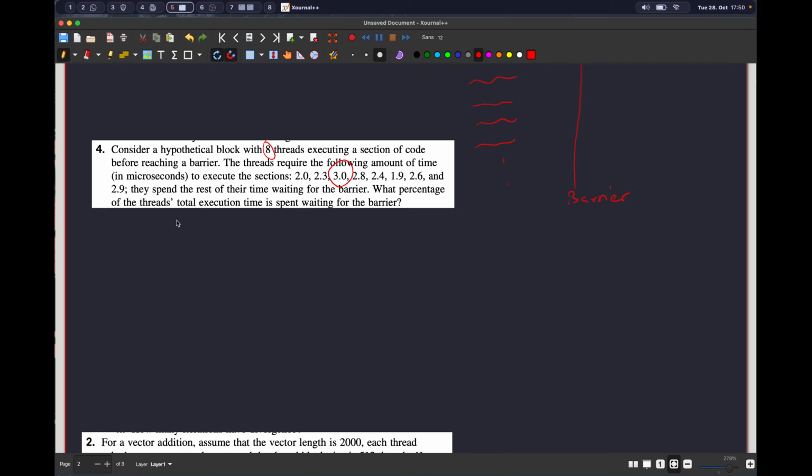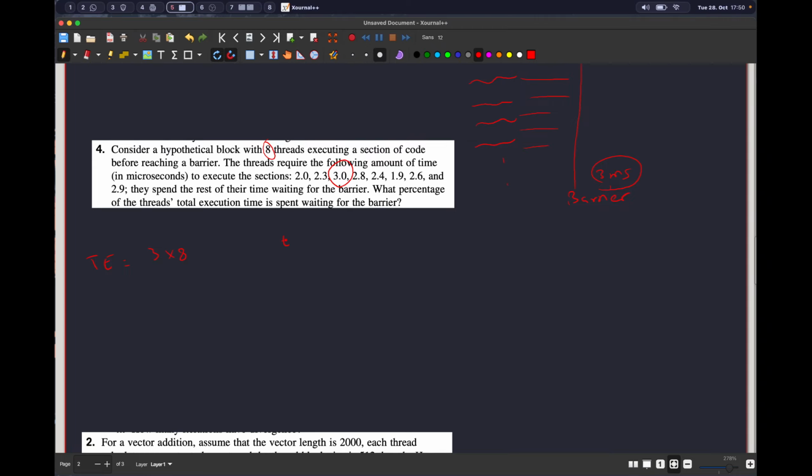Now, how much of the thread's total execution time is spent waiting for the barrier? Since all of those threads will wait till reaching 3 microseconds, the total execution time would be 3 times 8. And what percentage of a thread's total execution time?